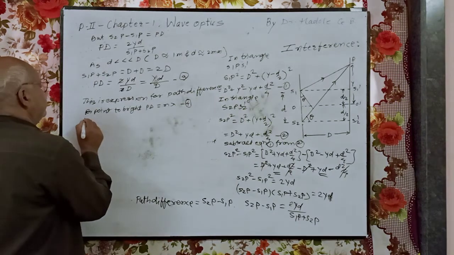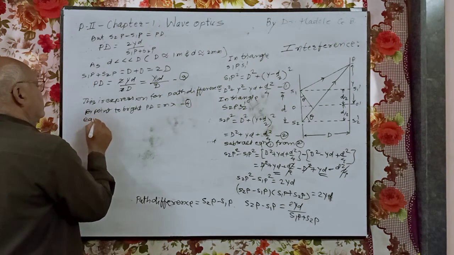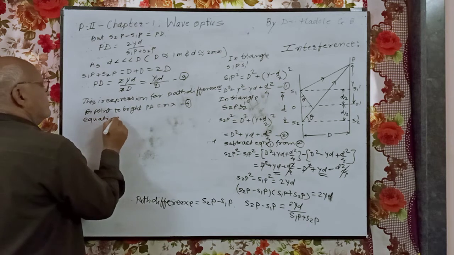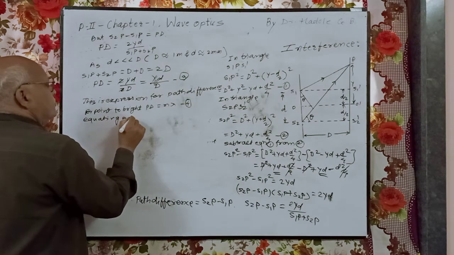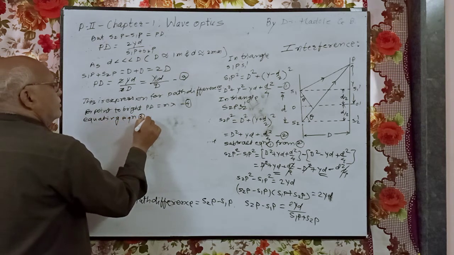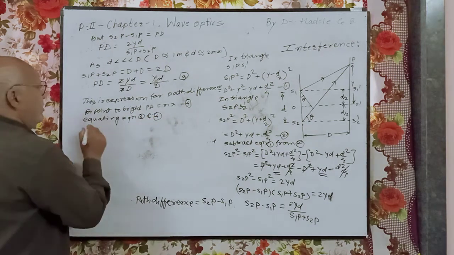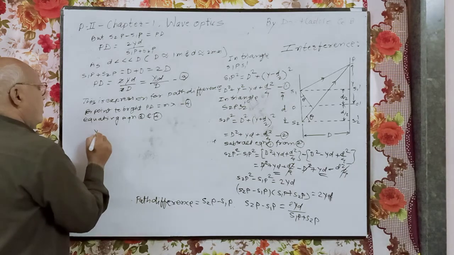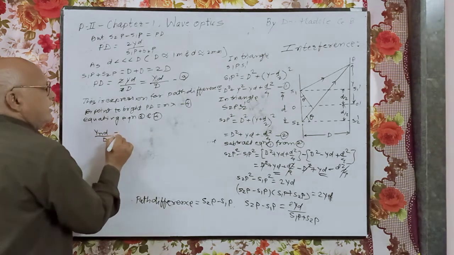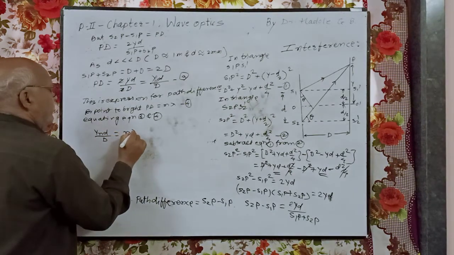Equating equations 3 and 4, we write YD upon capital D equal to n lambda.